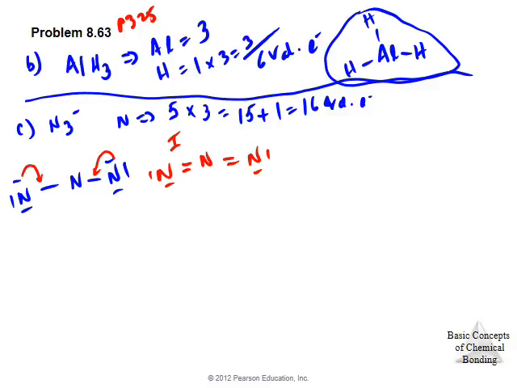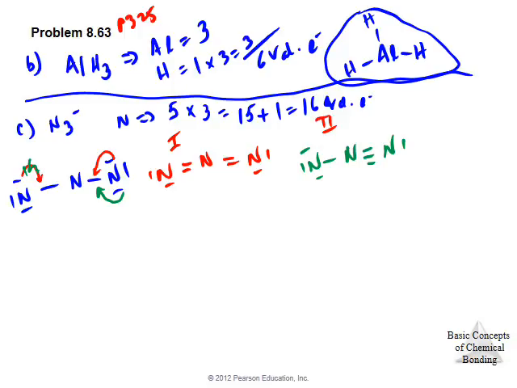Rather than bringing an electron pair from each side, we can have two pairs of electrons coming from the same nitrogen and nothing coming from the other side. Let me show you that. I get a structure like this: N, triple bond, N, single bond, N, with 2, 4, 6, 8. So that gives me structure number 2.